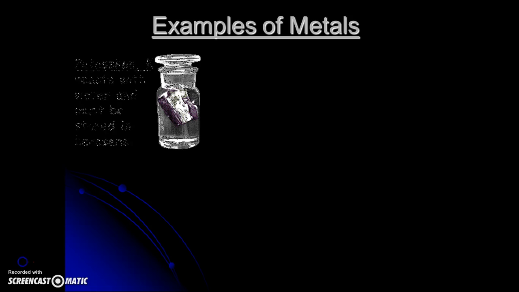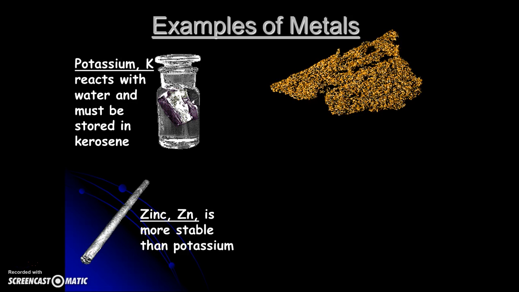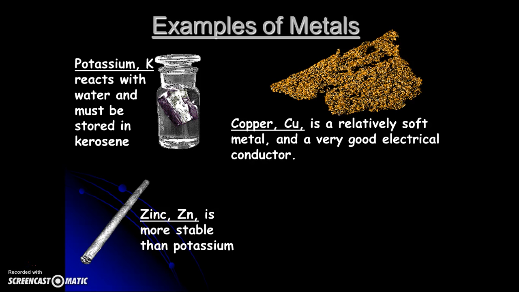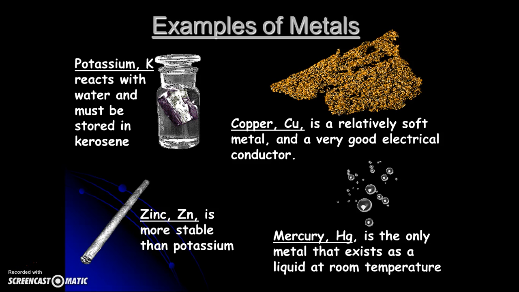And then here's just some examples of metals. There are some soft metals like potassium, which we probably don't think about as a soft metal. Then of course copper and zinc we're familiar with. Mercury is the only liquid metal that exists at room temperature. All the other metals are going to be solids at room temperature.